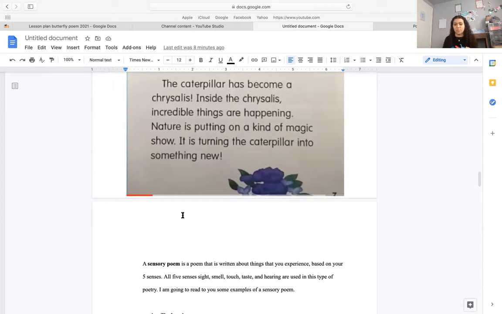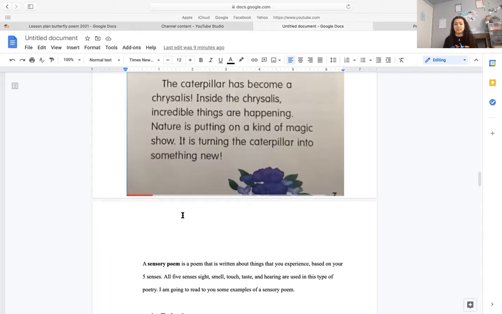So what is a sensory poem? I have the definition here for us. A sensory poem is a poem that is written about things that you experience. It's based on your five senses: sight, smell, touch, taste, and hearing. All of our senses are used in this type of poetry.